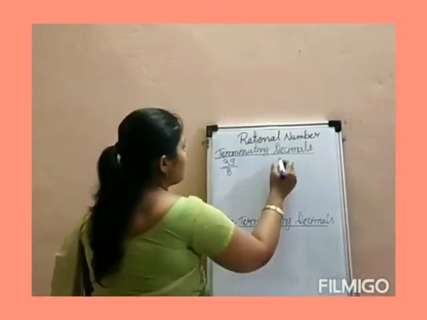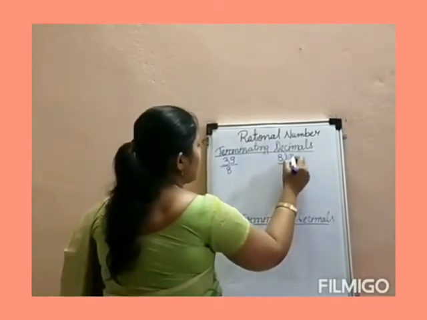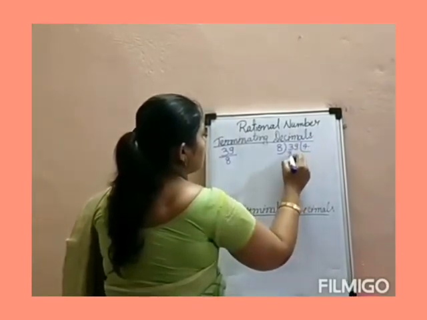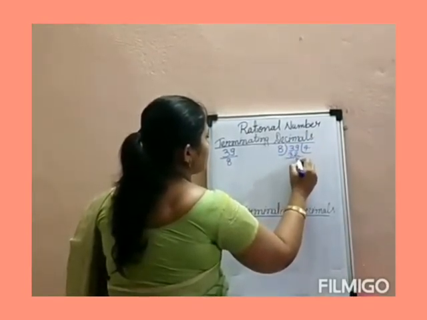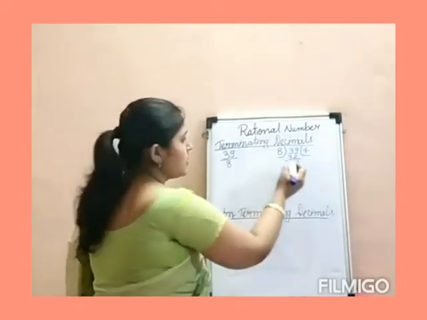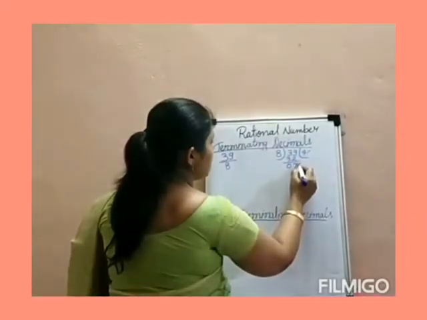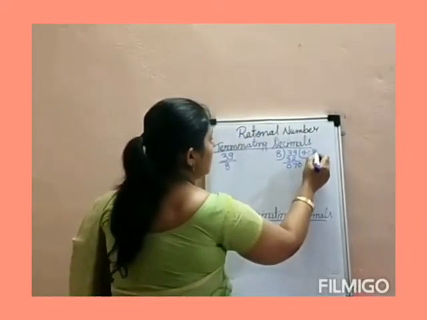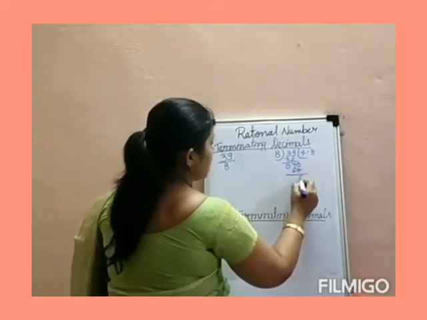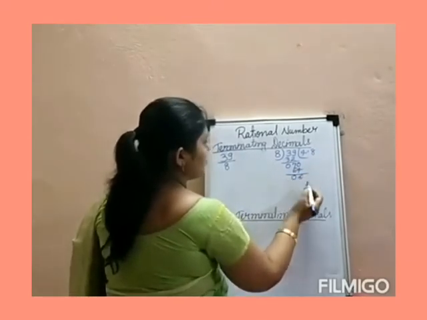So what we will do here, divide 39 by 8. 8 fours are 32. 7, 0. 7 is not divisible by 8, so put a decimal here and 0. 8 8s are 64. 6 and 0.